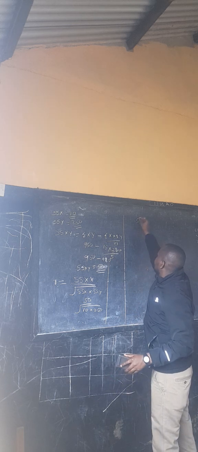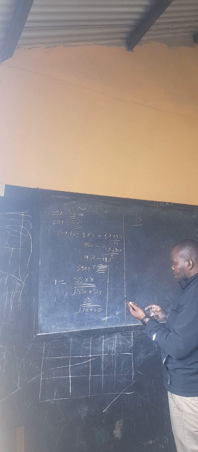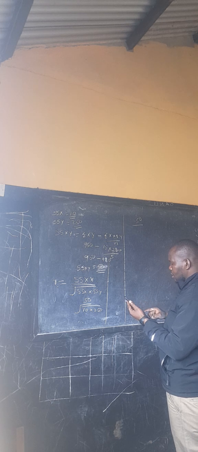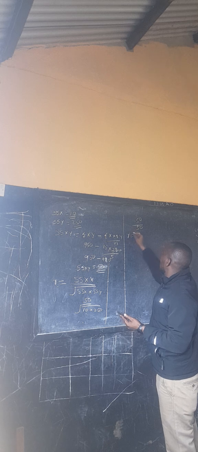What do we get? 50 over the square root of 2500, which is 50 over 50. So R will be 1.